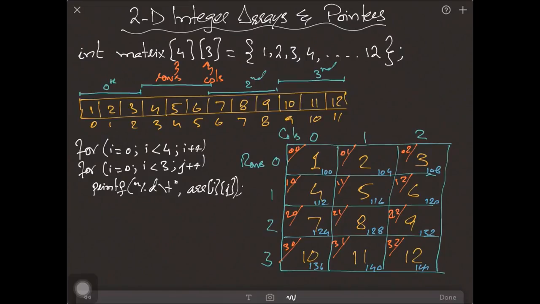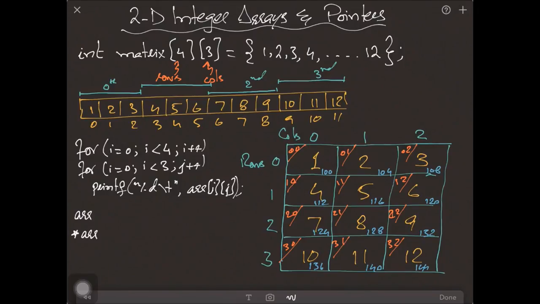Well, we can always use pointers. Remember, if I write down arr, this means the address, and the address is of course 100. And if I write down asterisk arr, this will dereference once and will again give the address 100.